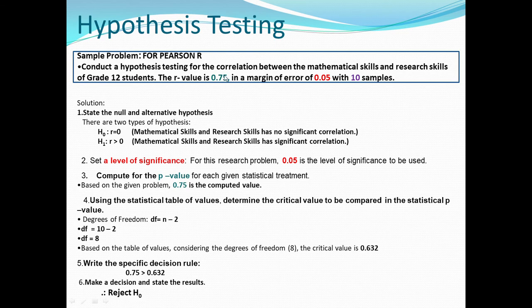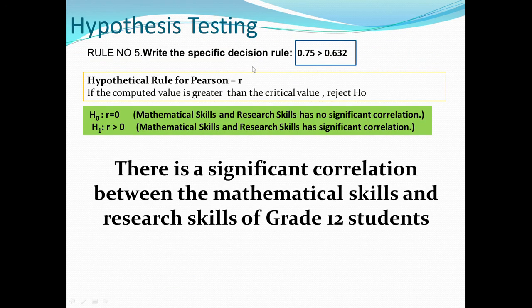Now, let's go back to the rule number 5. Write the specific decision rule. So, yung 0.75 na ating computed value is greater than our critical value, and yung critical value natin is 0.632. Okay, now ano ba yung rule kapag greater yung ating computed value? So, this is the hypothetical rule for Pearson R. If the computed value is greater than the critical value, we have to reject the null hypothesis.